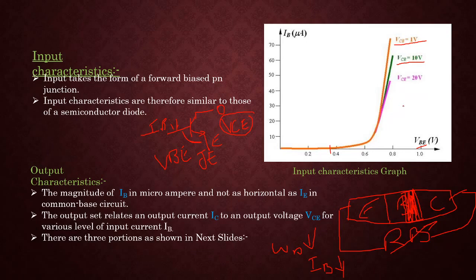The depletion layer width will increase. Once the depletion layer width has increased, it will penetrate more into the base. So the width of the base is reduced. When the width of the base is reduced, the recombination process will be less, so the IB current will be reduced. That's why it is shifting away from the origin.